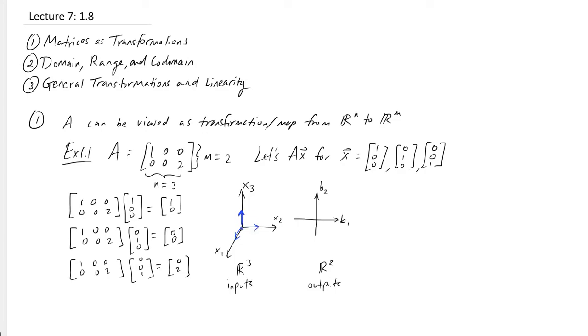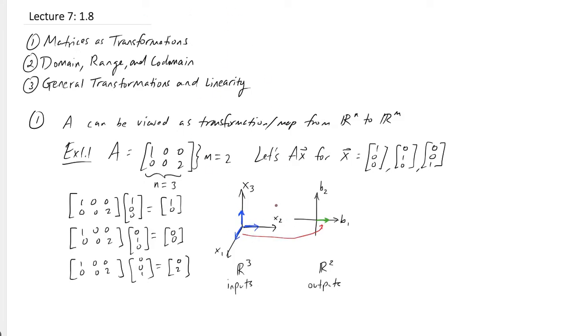Those are our 3 vectors that are going in. And then our outputs, well, the (1, 0, 0) vector goes to (1, 0), so that goes to this vector. Our (0, 1, 0), let's draw some arrows here, so do arrows in red. So this vector goes to this vector.